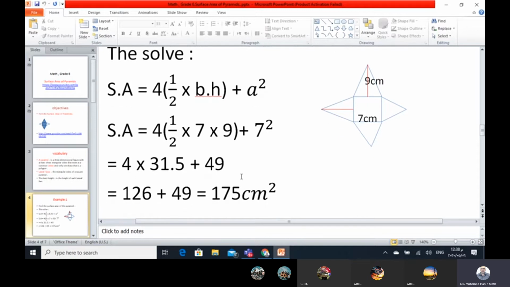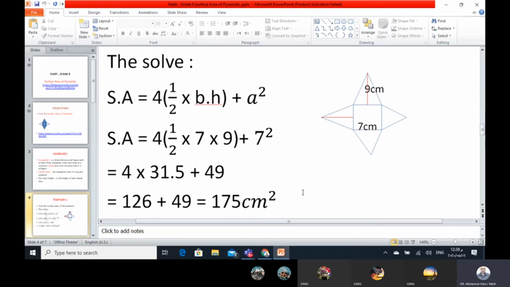Now 4 multiplied by 31.5 gives the answer 126. Plus 49. 126 plus 49 is 175. And the unit here will be centimeter squared.